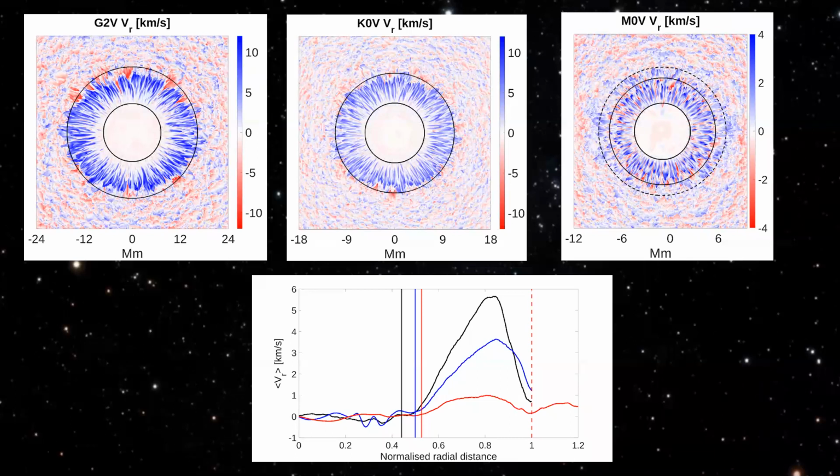I haven't done an experiment yet, but the penumbral flows are in the kilometer per second range, and near the limb it's quite conceivable that their sine theta component will be a few hundred meters per second. That is enough to affect your net convective blue shift, which is only a few hundred meters per second, for example for solar-like stars.